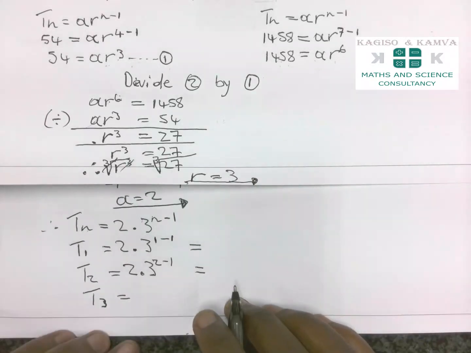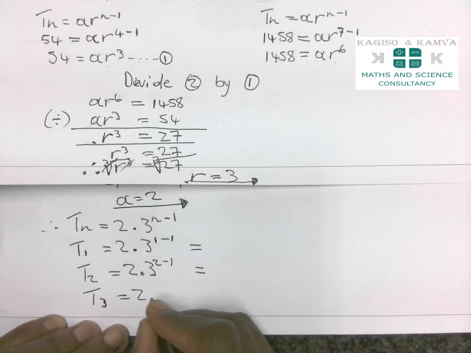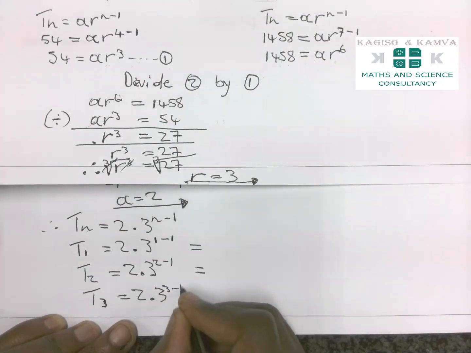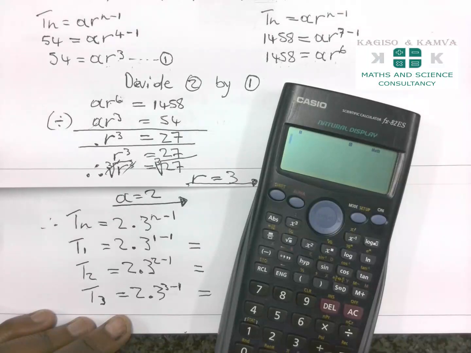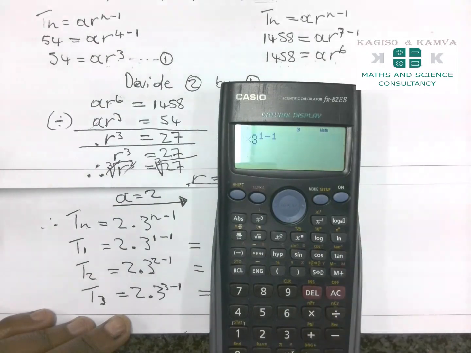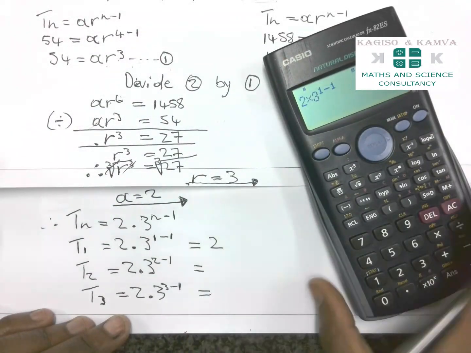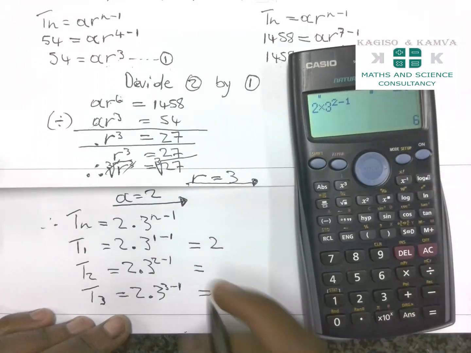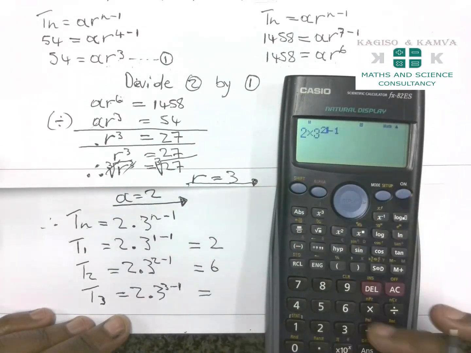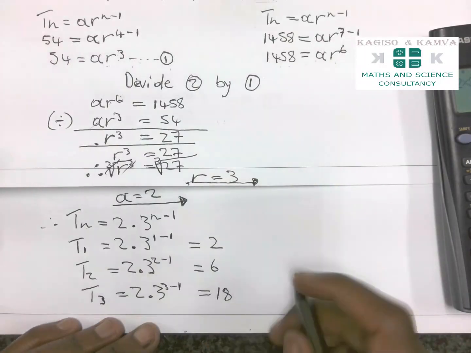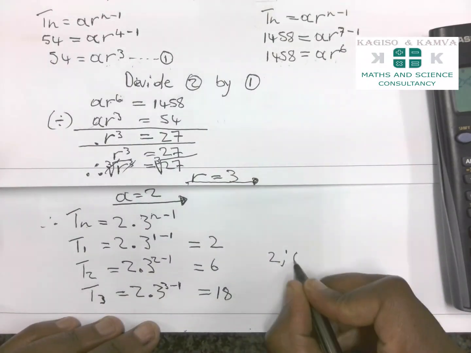For term number 3, this is 2 times 3 to the power of 3 minus 1, which gives 18. T1 is 2. So our first three terms are 2, 6, 18.